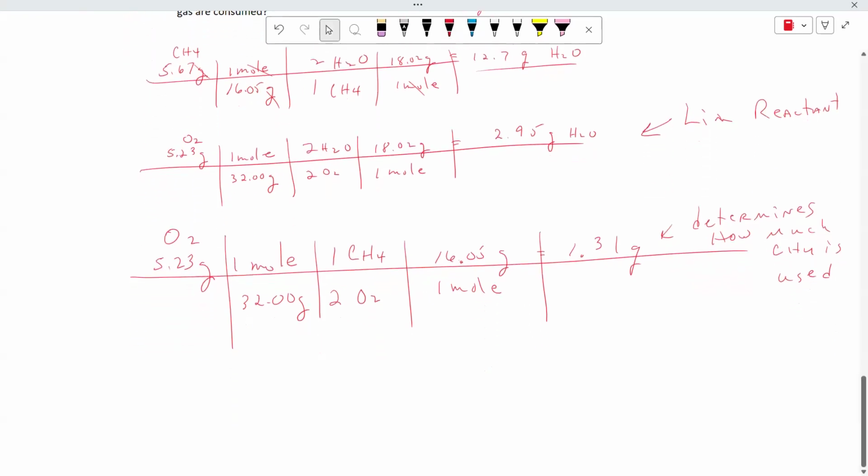The next question is how much excess methane did we have? It's another calculation. Okay, so we started with 5.60 grams, right? And we used 1.31. And the difference is going to be how much is in excess.